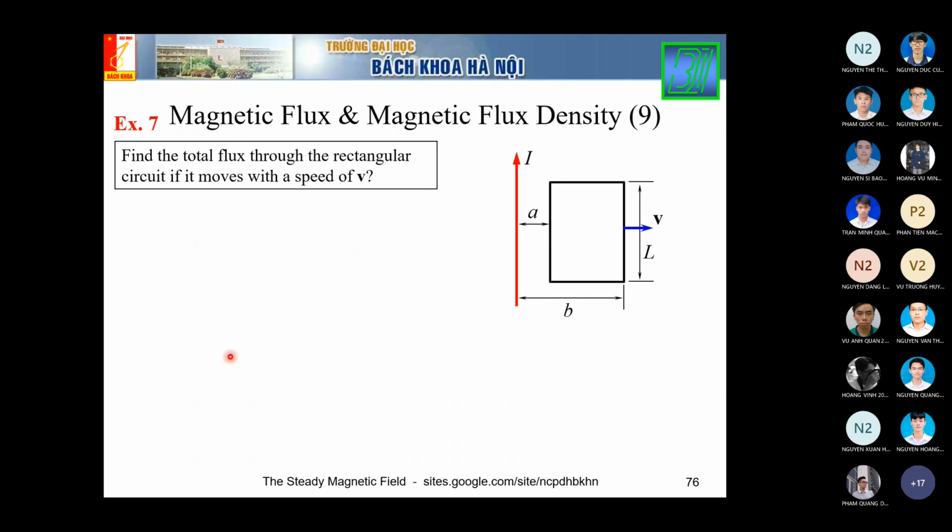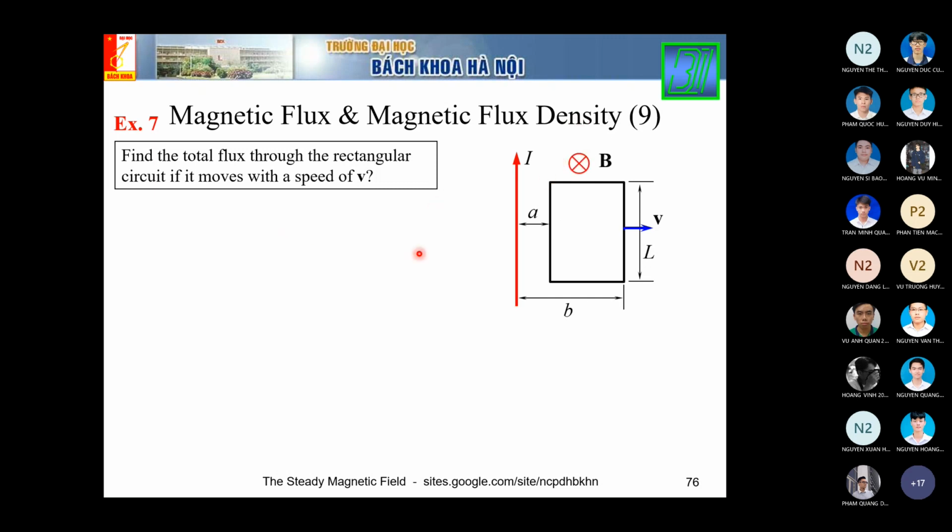We return to this example, number 3, I don't remember exactly. The frame here stays still, but now we consider the case in which it is moving with the speed of v. The movement here is once again translational. So we have to find the total magnetic flux.